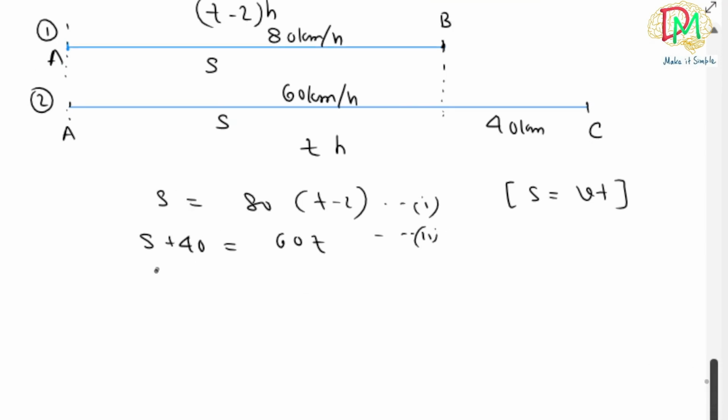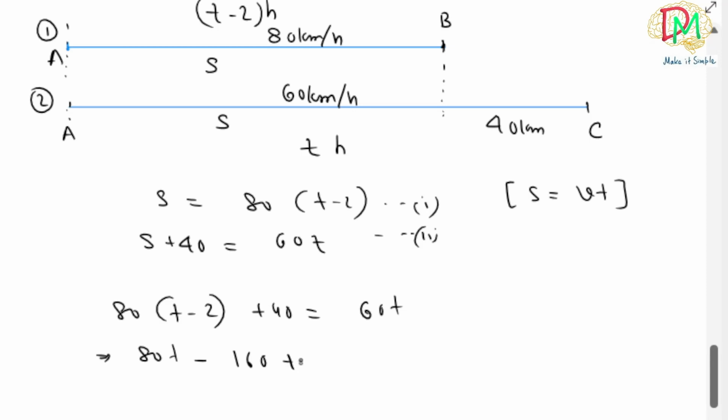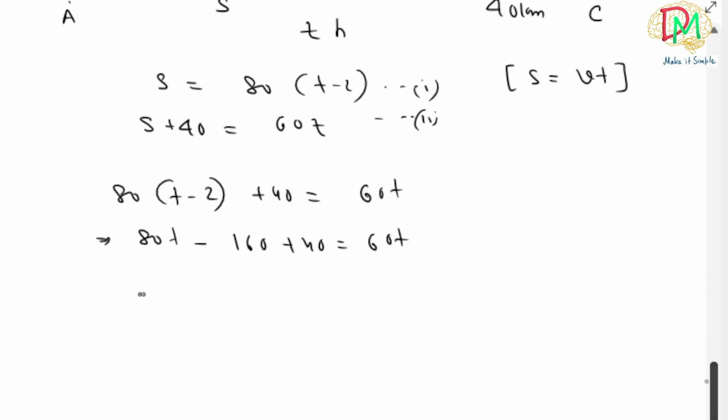Replacing S here, we get 80 into T minus 2 plus 40 is equal to 60T. So 80T minus 160 plus 40 is equal to 60T. So we get 80 minus 60, 20T is equal to 160 minus 40, 120. So T is equal to 6.